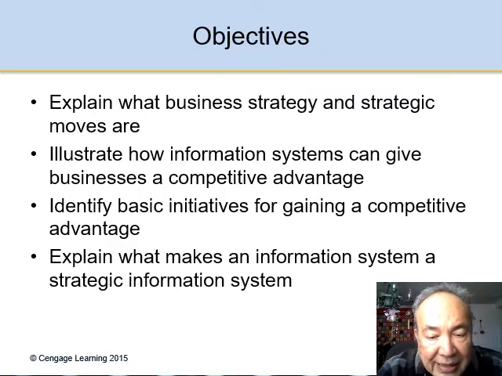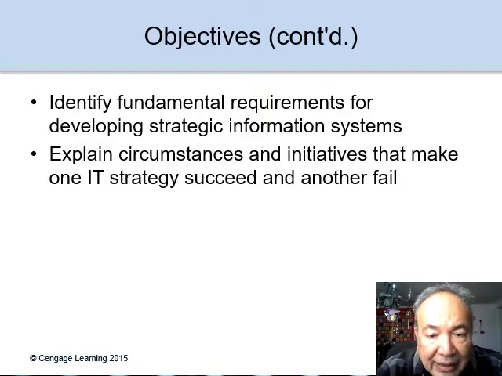Identify basic initiatives for gaining a competitive advantage by the use of information technology. Explain what makes an information system a strategic information system. Identify the fundamental requirements for developing a strategic information system.